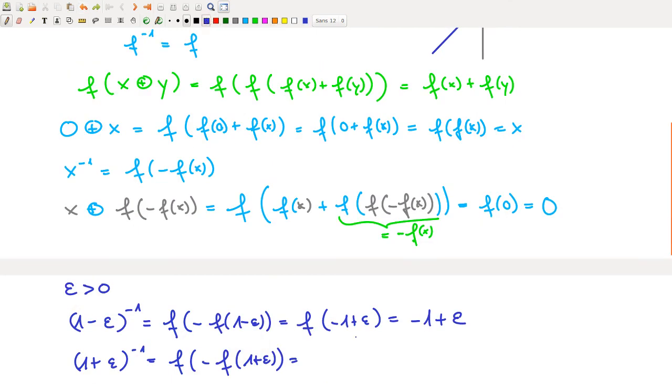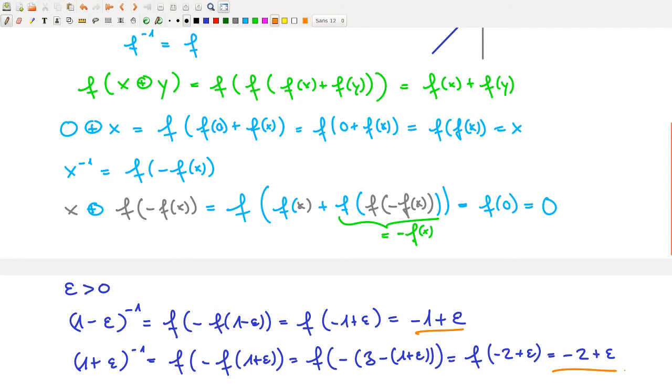So what's that? It's f of minus, and now we have 3 minus 1 plus epsilon. So that's f of what? There is 3 minus 1, that's 2, and there's a minus sign in front of it, so it's minus 2. And then we have 2 minuses and an epsilon, so it's minus 2 plus epsilon. Close to minus 2, f is just the identity, so we have minus 2 plus epsilon.